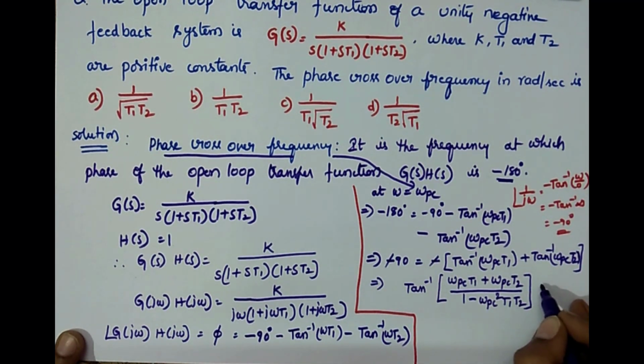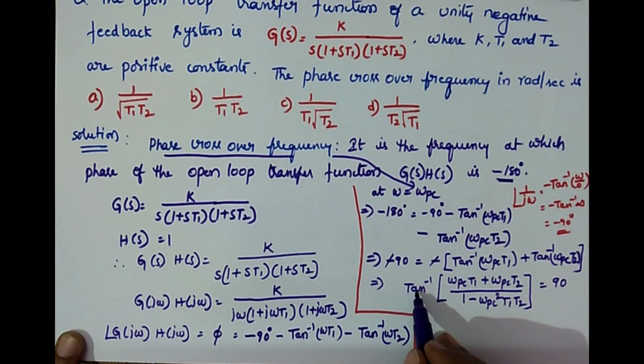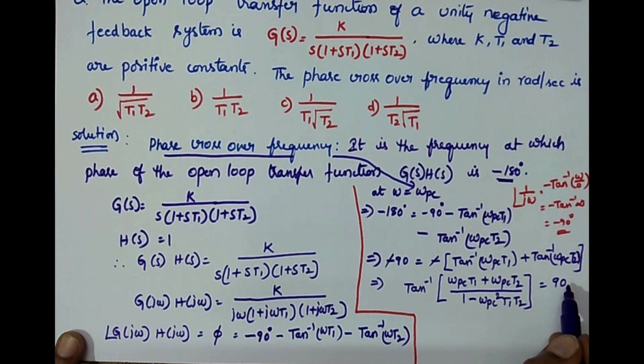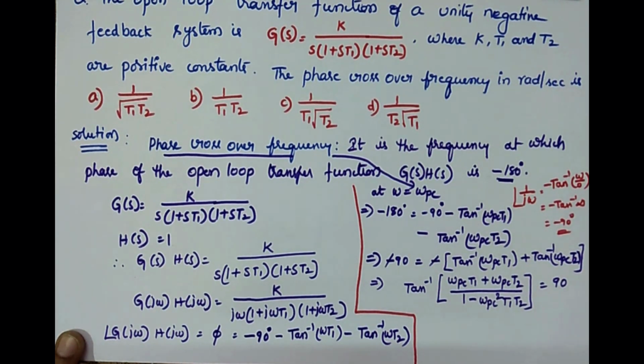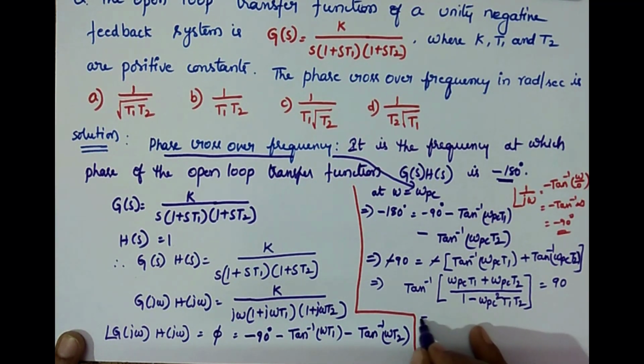How much is it? It is 90 degrees. Now take this tan inverse to the other side, so it becomes tan 90.